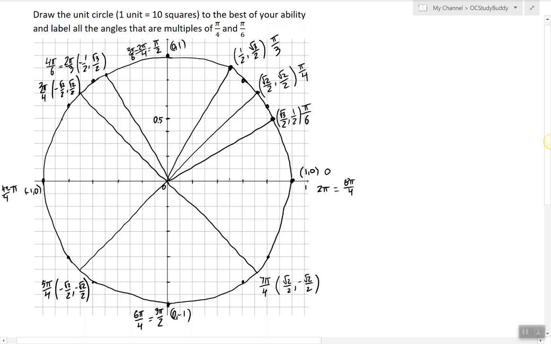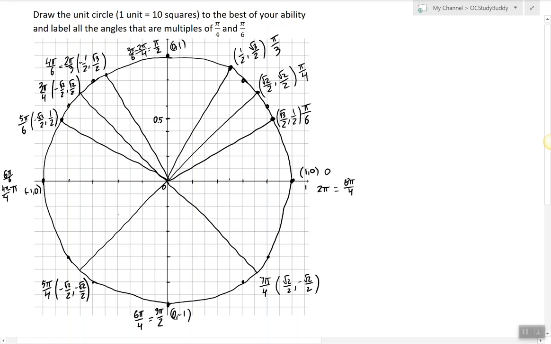It's the point in quadrant 2 with the y-coordinate 1/2. The x-coordinate is negative √3 over 2, the y-coordinate is 1/2. And we continue the same way. So the next one will be 6 pi over 6, which is the same as pi.